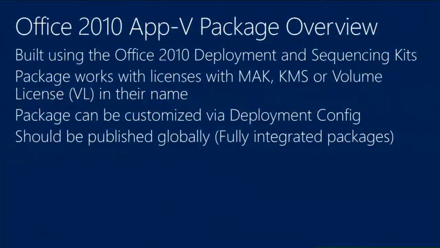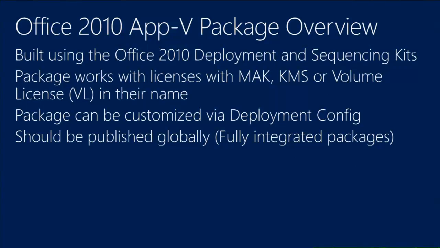All right? So the Office 2010 AppV package is built using a deployment and sequencing kit. I'm going to show you how that works momentarily. The Office 2010 package has the same licensing that it does on 4.6, so there's no changes there. So with the Office 365 package, you do have the subscription model, but with Office 2010, no worries about that.